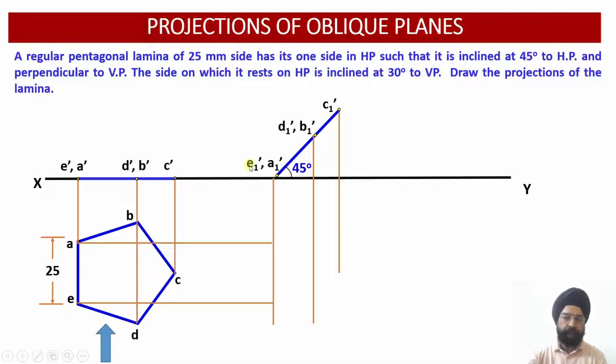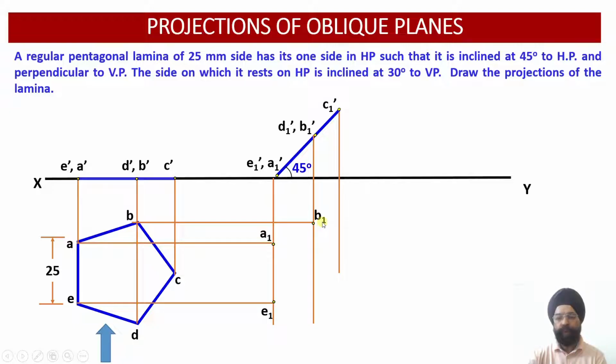Similarly, the projector through E1 dash is dropped downwards, and the projector through E is brought forward horizontally. Wherever they intersect, we get the location of point E1 over here. Similarly, the projector through B we have drawn horizontally, and the projector through B1 dash we have drawn vertically down.